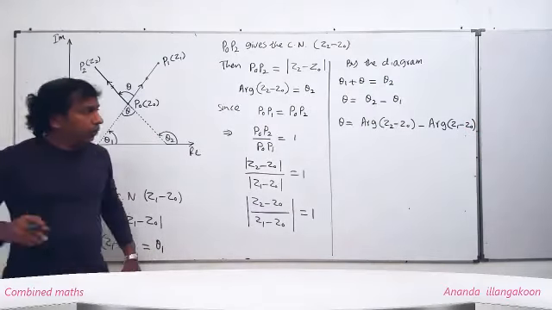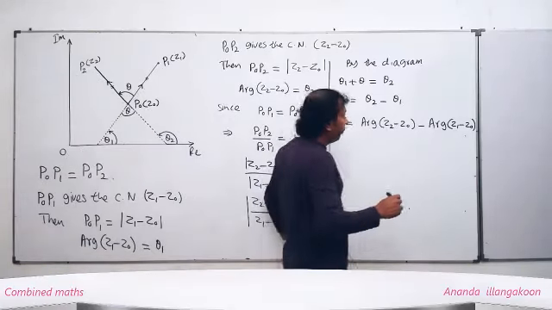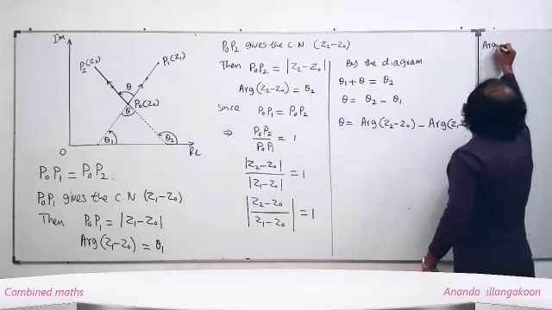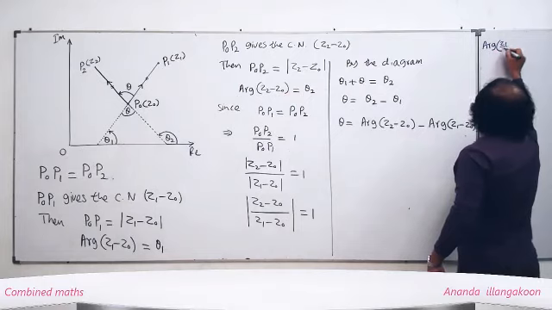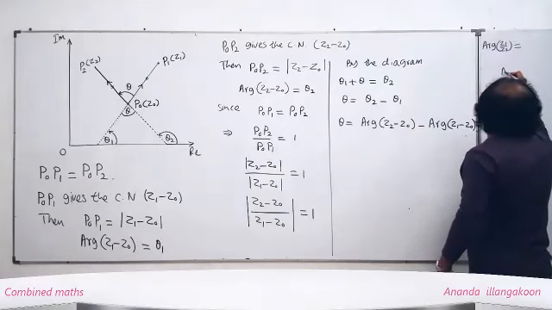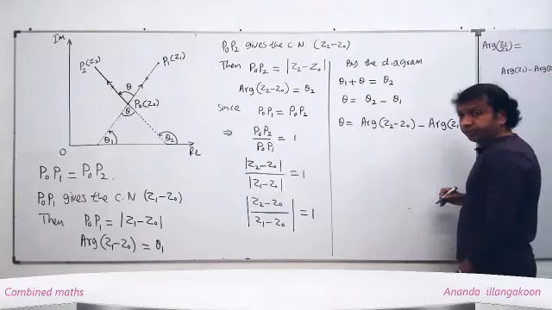Now, today we proved something like this. When we divide two complex numbers and find its argument, this result is equal to what, people? Arg of numerator minus arg of denominator. Right.